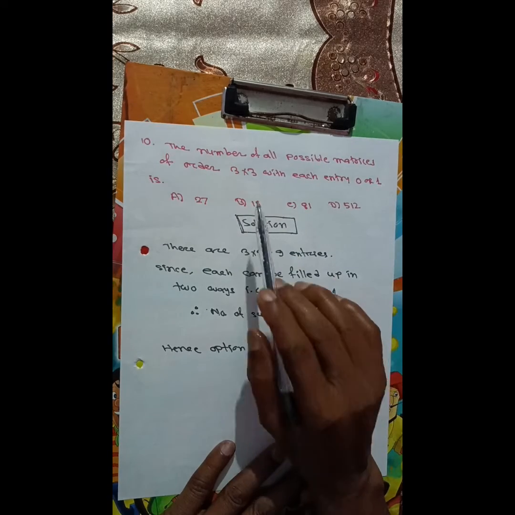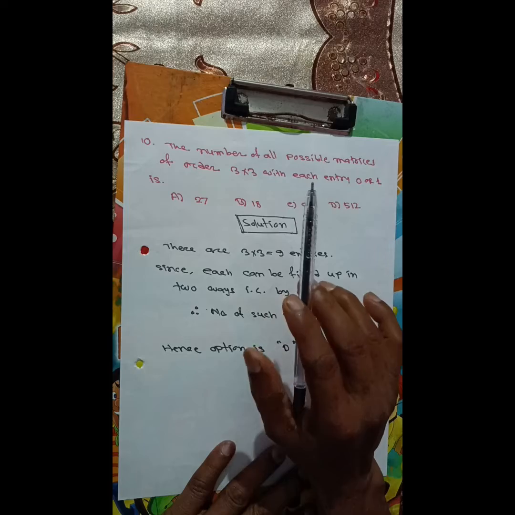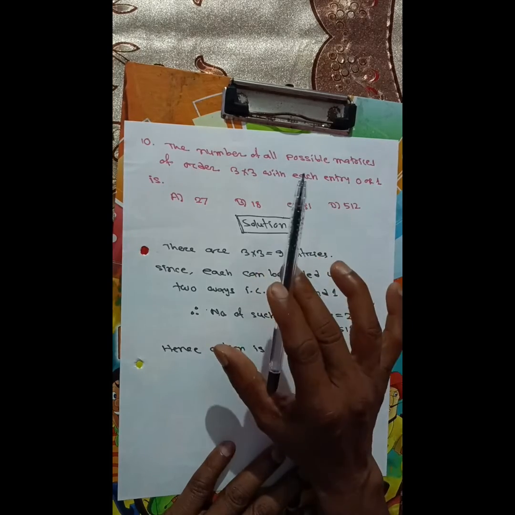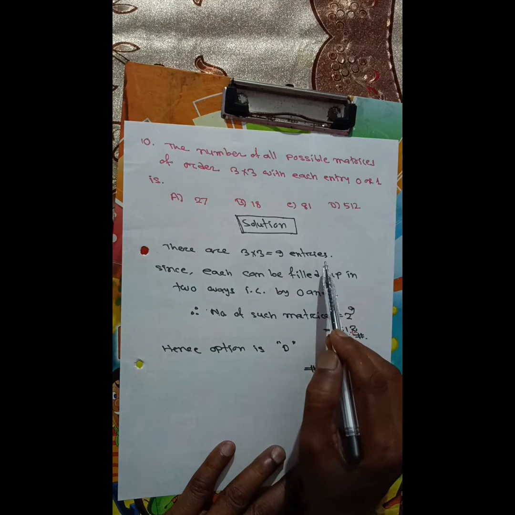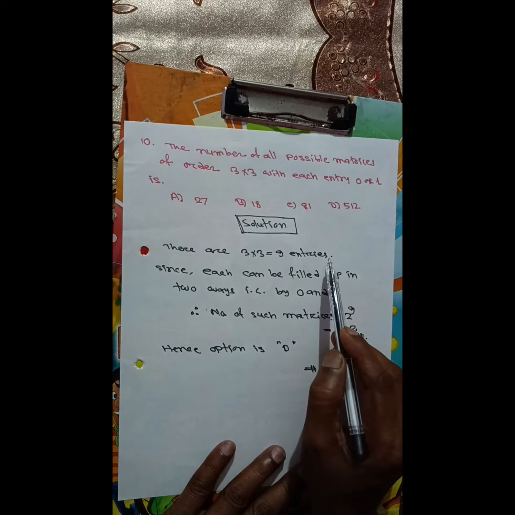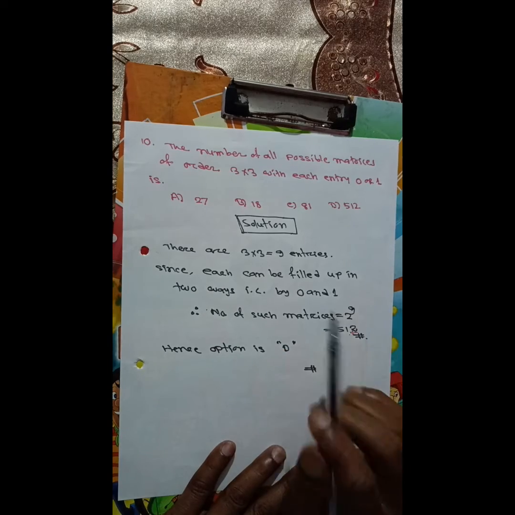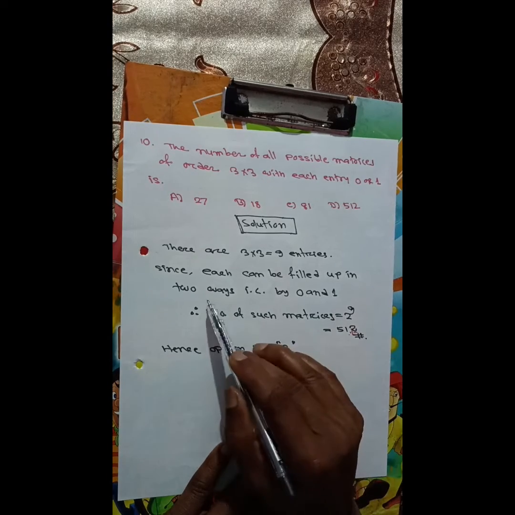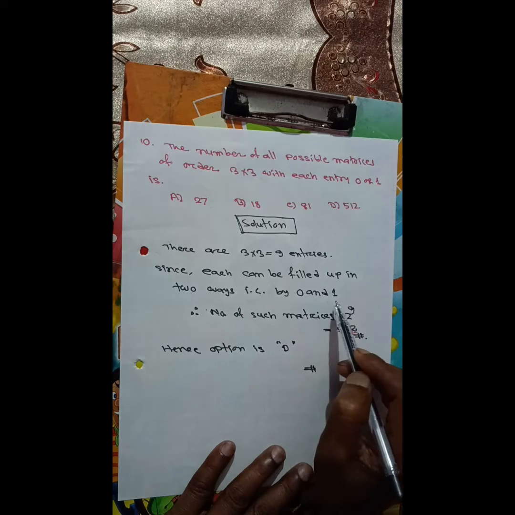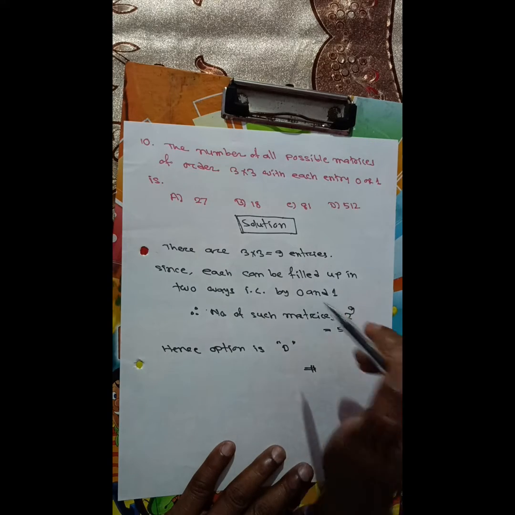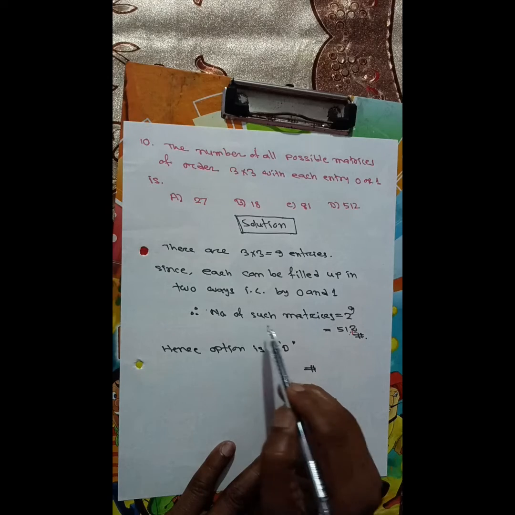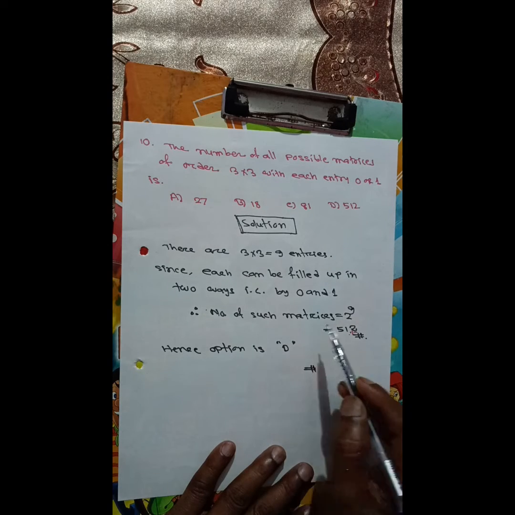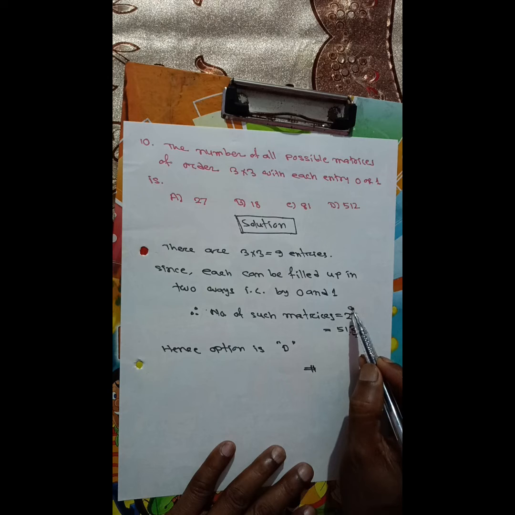It is given a 3 by 3 matrix, that means it is a square matrix. That means it has 3 into 3 is equal to 9 entries, that means 9 elements. Since each can be filled in 2 ways, that is by 0 and 1, every element is replaced by 0 or 1, that is 2 ways. Therefore, the number of such matrices is equal to 2 to the power 9.